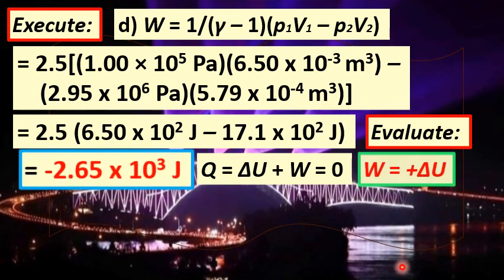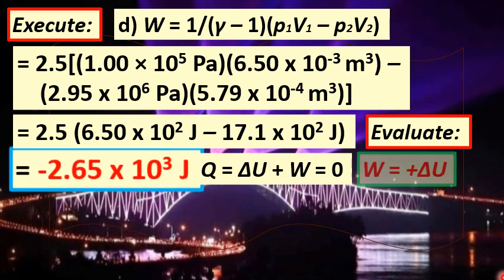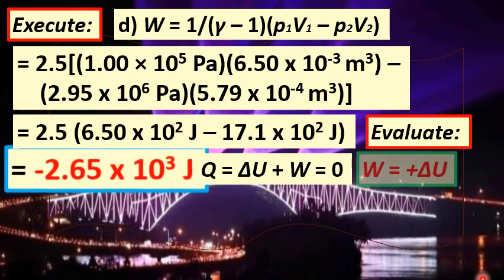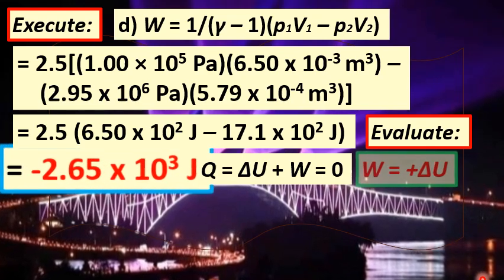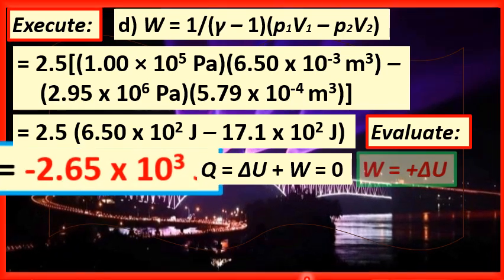So no heat transfer, no heat flow, but we are able to increase the temperature of the system or the gas. That is what was meant by the title adiabatic heating.